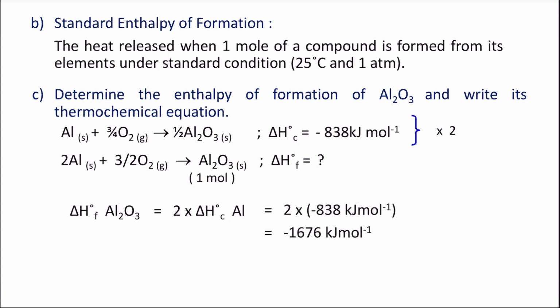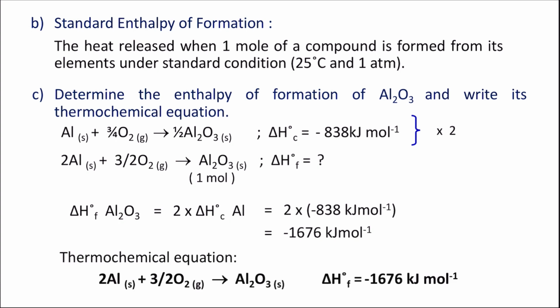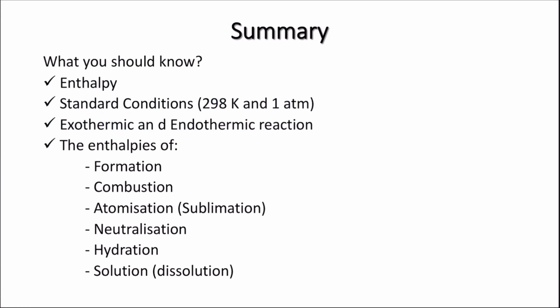Dan thermochemical equation kita buat dengan cara yang lebih detail dan cantik. Tulis semula equation awak bersama dengan nilai delta H naught F awak di sebelah kanan with correct value and negative sign. So awak akan dapat final mark for this part. So as a summary, banyak benda yang kita belajar dalam video kali ni.